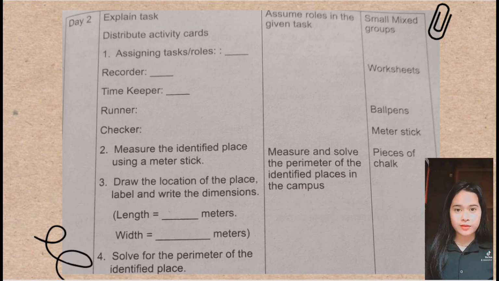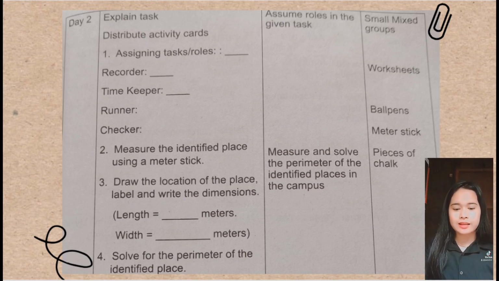So the learners' activity is assume roles on the given task, and then measure and solve the perimeter of the identified places in the campus. Each of them is assigned a role: who will be the runner, who will be the checker, and who will be the timekeeper.